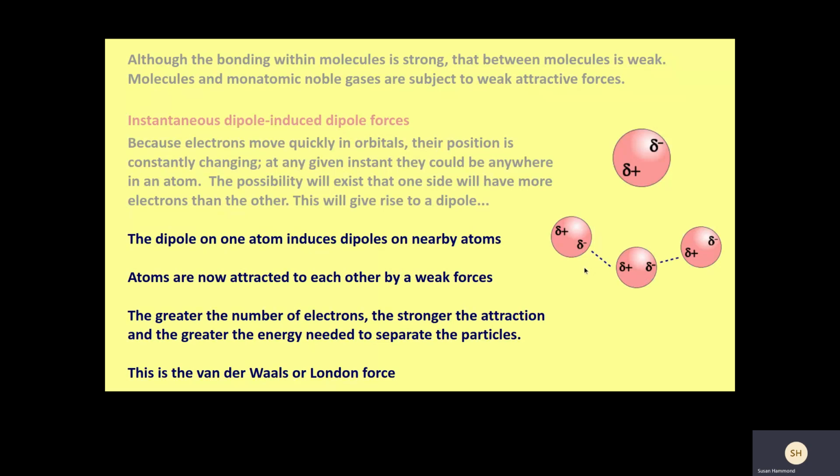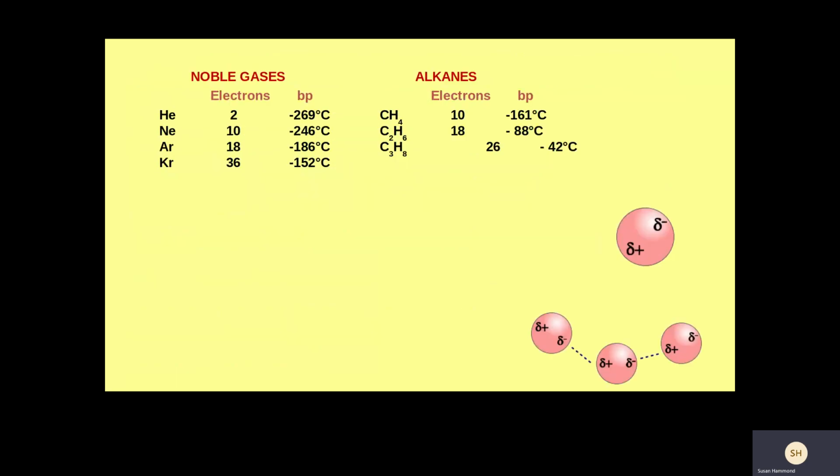And these delta minuses and delta plus attract each other. They are very, very, very weak forces, but because there are an enormous number of atoms, or it also happens with molecules in any piece of matter, those weak forces add up to sometimes a medium and even sometimes a strong force if you've got a lot of them. So this is how we explain van der Waals or London forces.